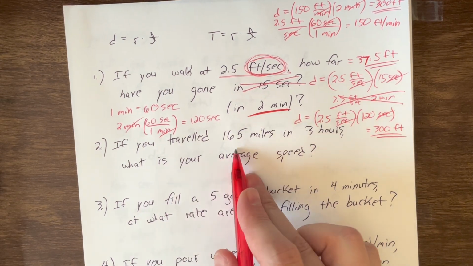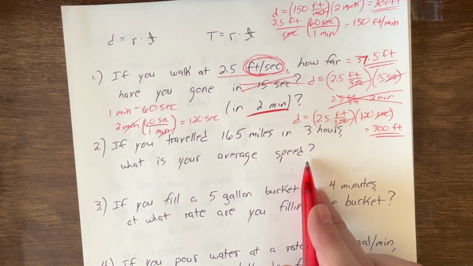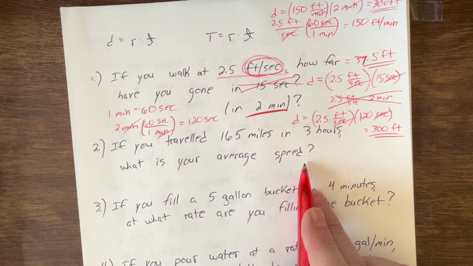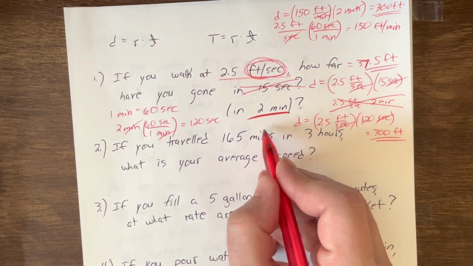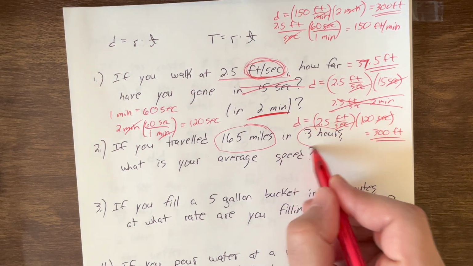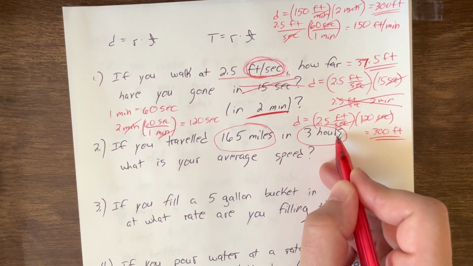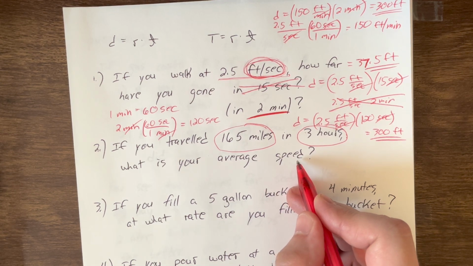Now we're traveling 165 miles in 3 hours. What is your average speed? So the 2 alternatives, thinking about the formula, we're being told the distance in miles. We're being given a time in hours. So my speed is going to be measured in miles per hour.